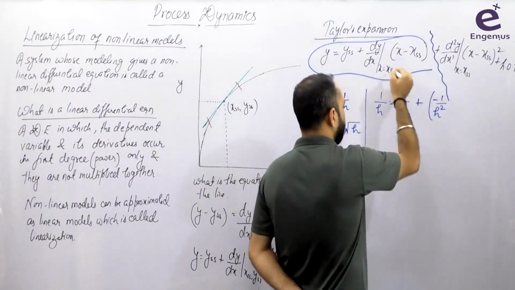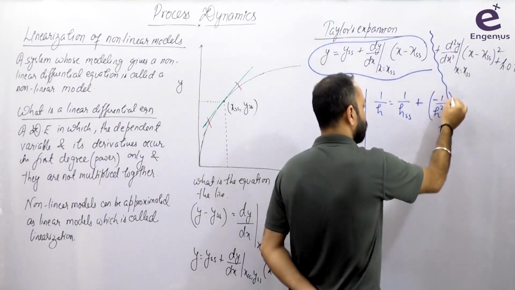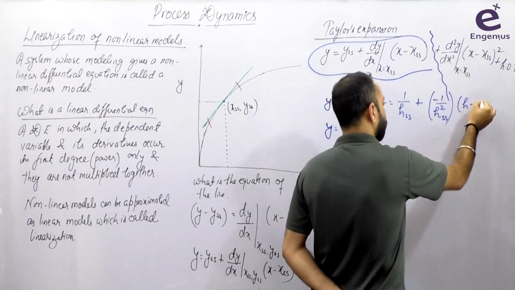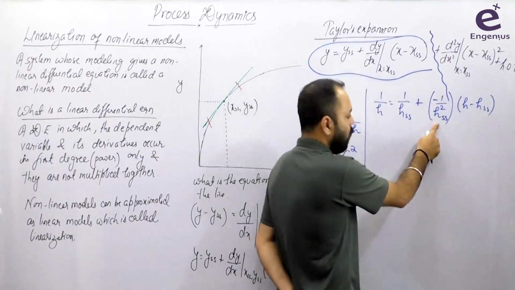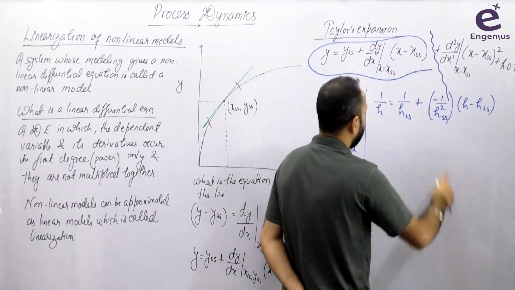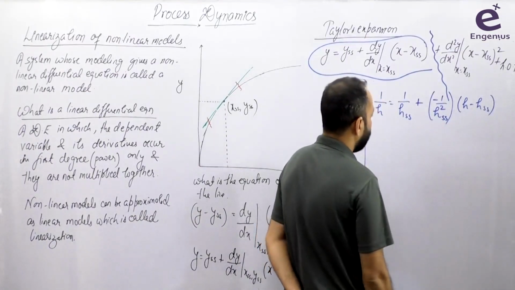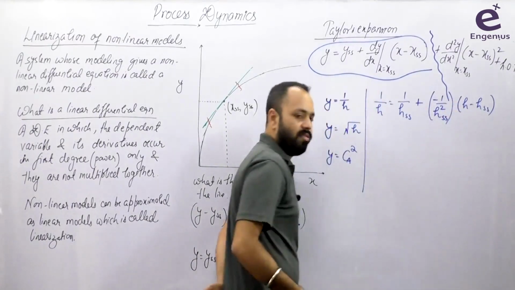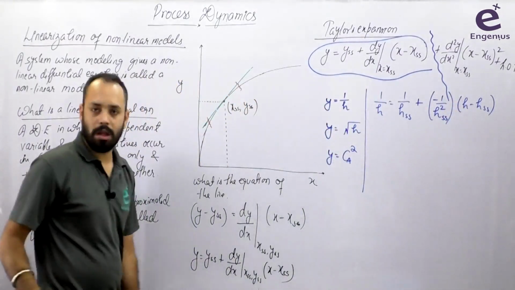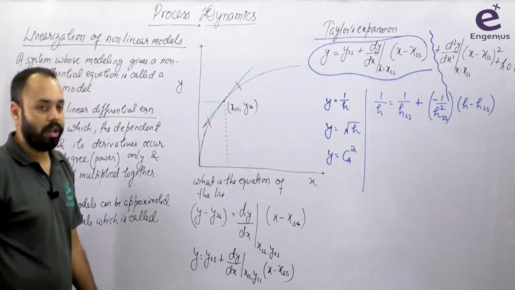And dy by dh at h is equal to hss multiplied by h minus hss. Because you see that hss is not a variable, it is a constant. Differentiation सही लिखी है ना? Yes, it is a constant. This is a constant. So this is a linear relation. This is how I can approximate 1 by h, which was a non-linear relation.